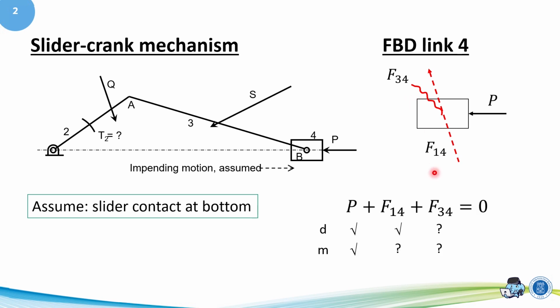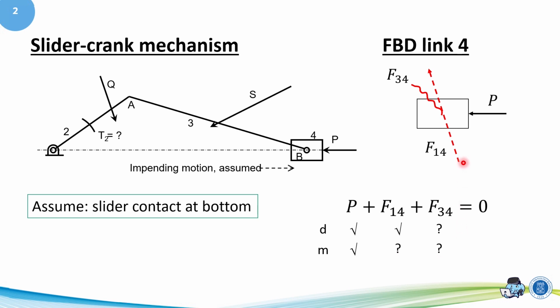Next is the force equilibrium. We know the direction and the magnitude of the force P, and we know the direction of F14, but we do not know the magnitude of F14. For F34, we do not know the direction and also the magnitude.